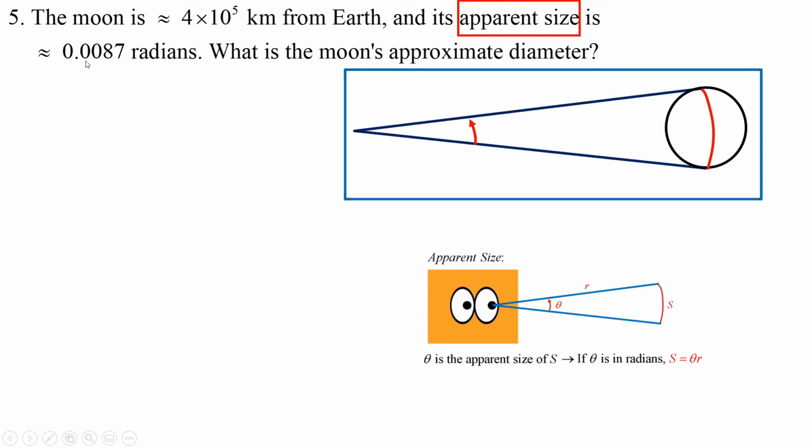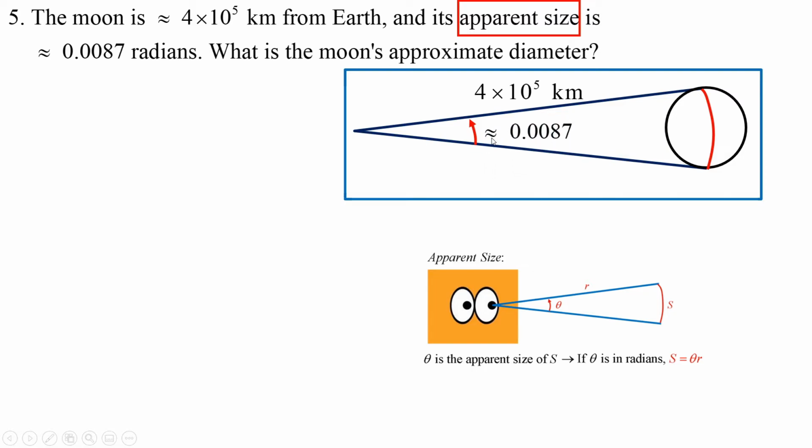And so apparent size is 0.0087. That's this angle right here. And the moon is approximately 4 times 10 to the 5th kilometers from Earth. So that's the distance from my eyeball to that edge of the moon right there. 4 times 10 to the 5th. And then my apparent size is at 0.0087.